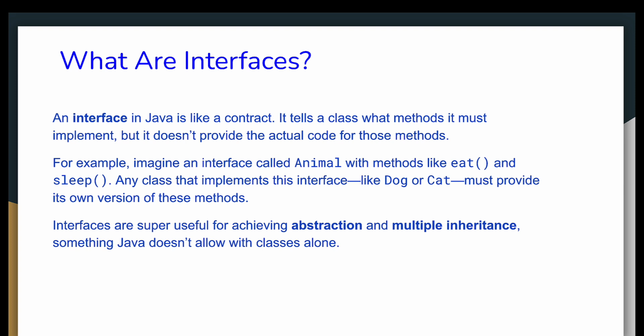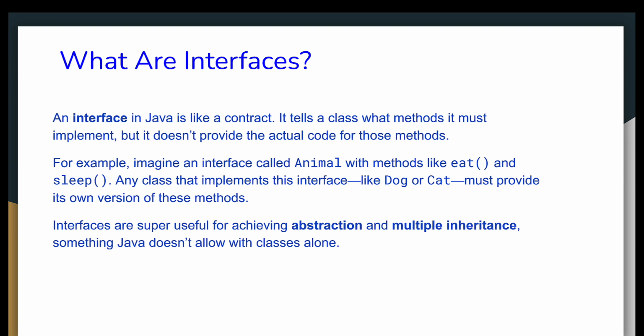So the interface will tell us what are the methods that I need to execute. For example, imagine an interface called animal with methods like eat and sleep. Any class, for example a dog or a cat, that implements animal has to provide its own implementation.